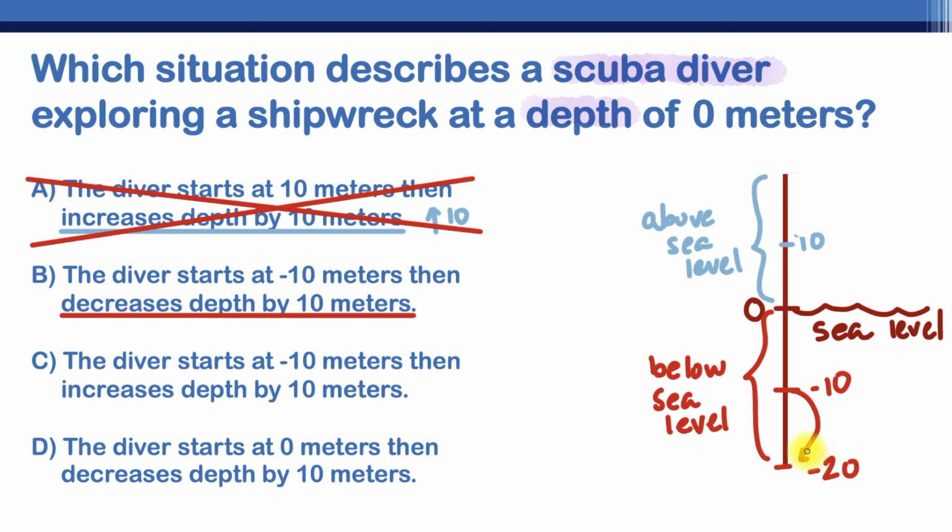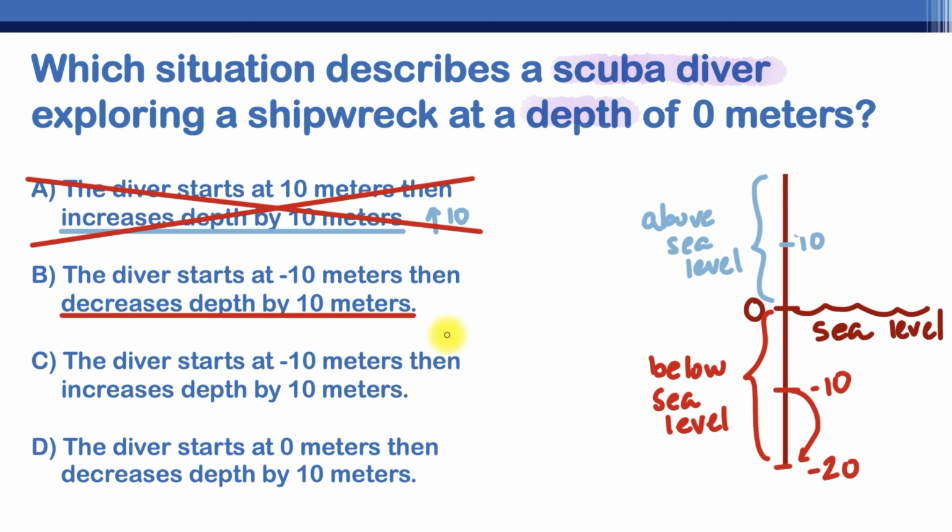And that is not what we want, because what we're looking for is a scuba diver at 0 meters. But that's not possible because the diver is getting further away from 0. 0 is up here, the diver started at negative 10 and then goes down another 10 to negative 20. If we show that mathematically, that would look like this.